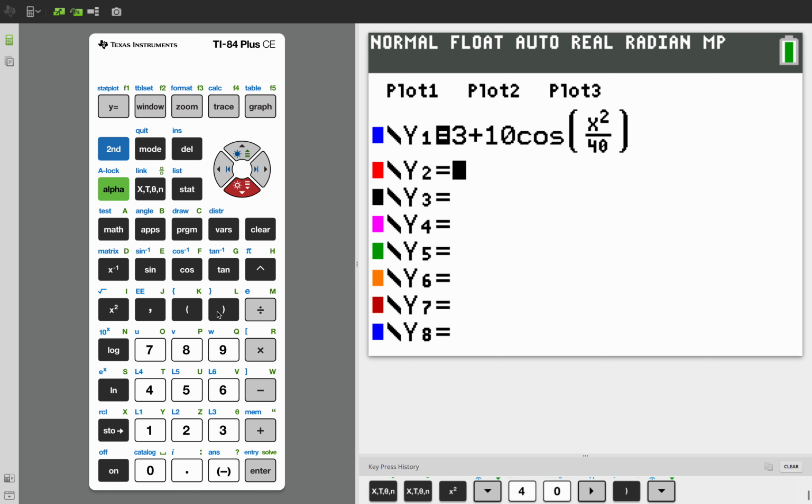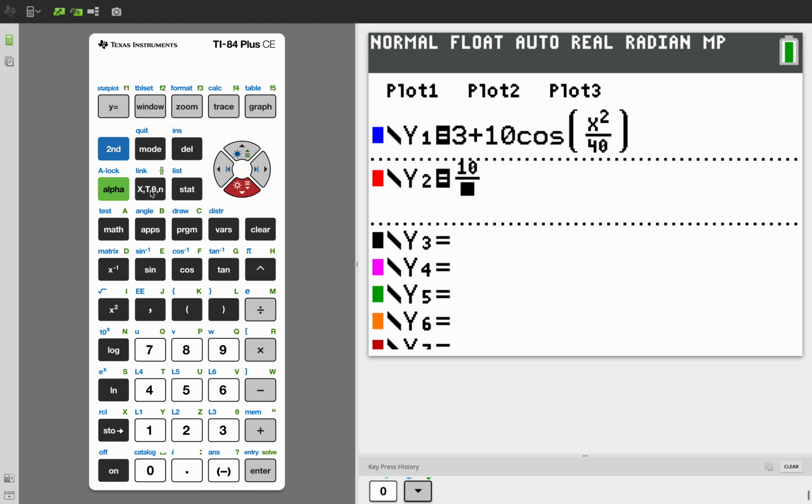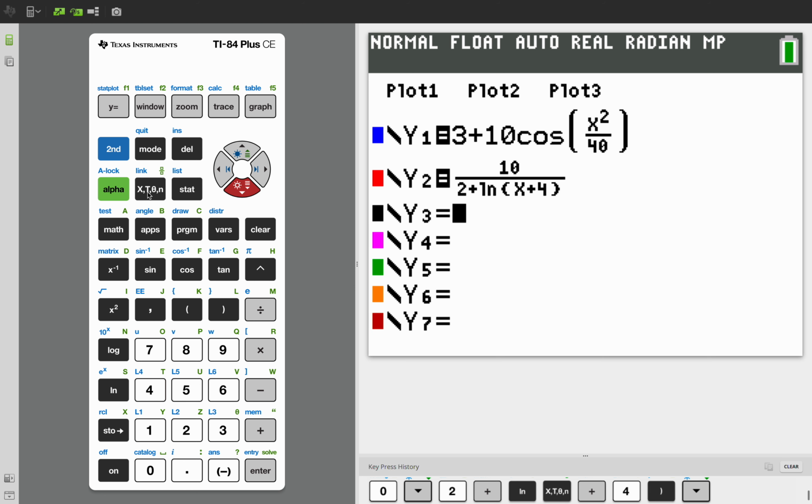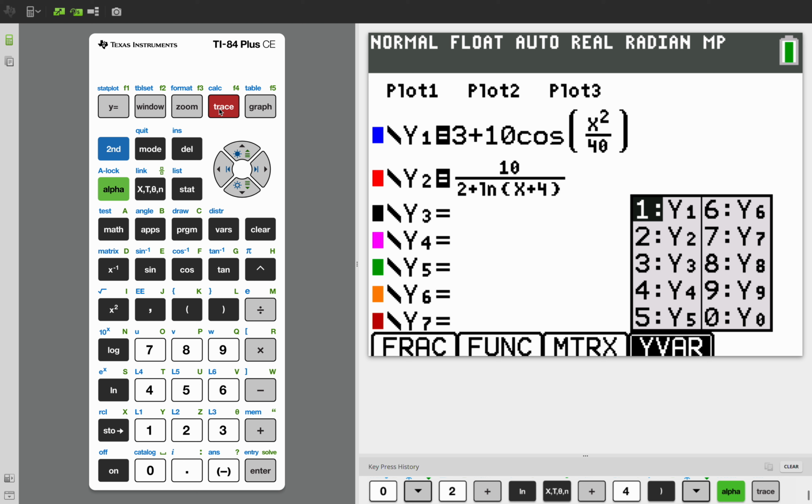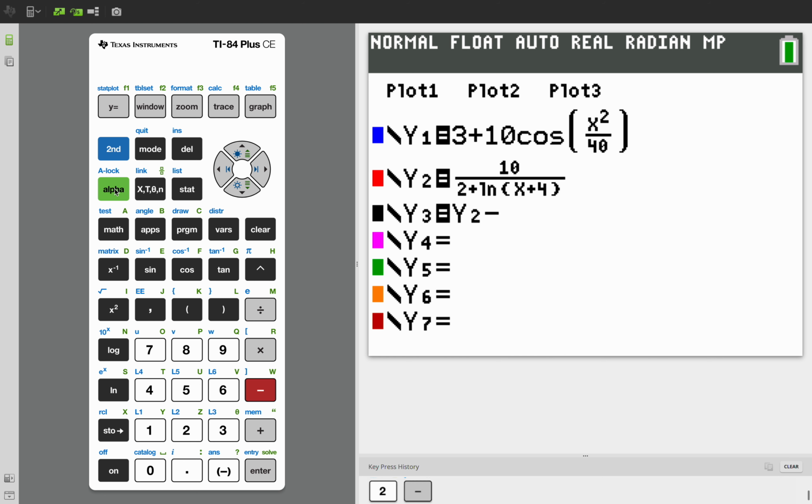And then for y2, I'm going to have 10 over 2 plus ln of x plus 4. In addition to that, I'm going to have y3, and that's going to be my E of t minus L of t. In this case, E of t is going to be my y2, so I'm going to have y2 minus y1.